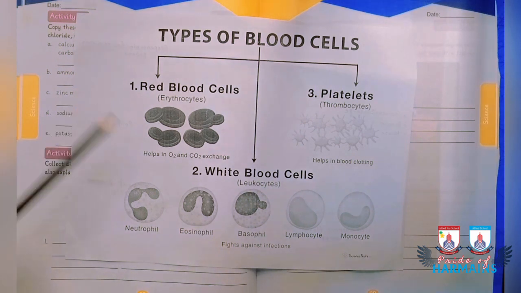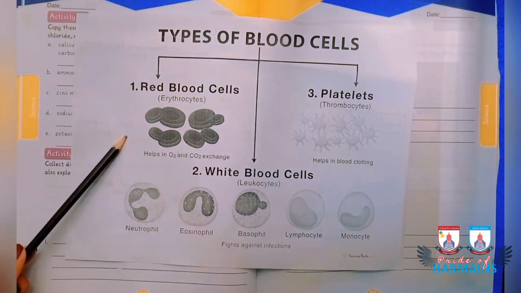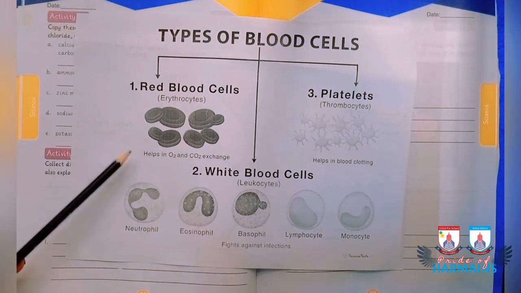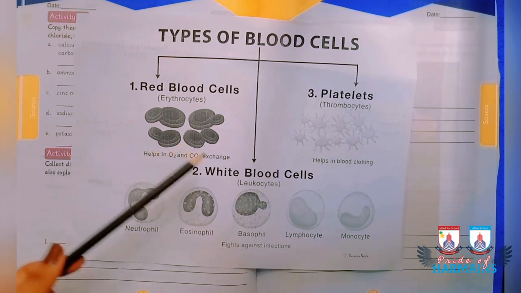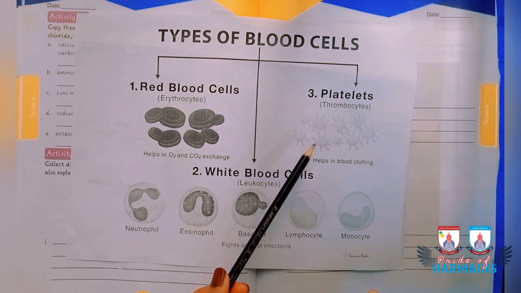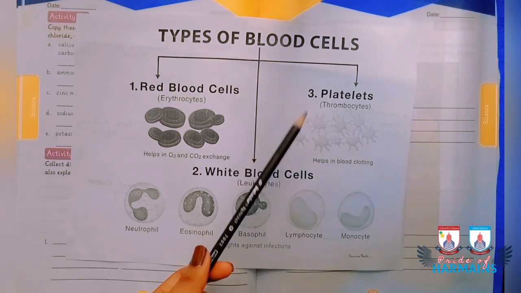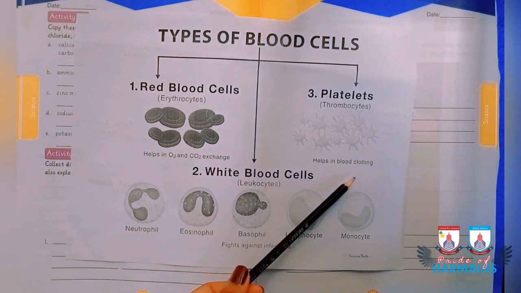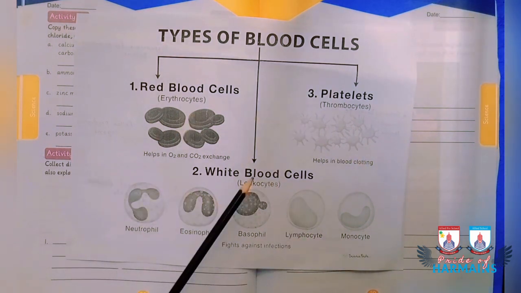So first of all, red blood cells. Red blood cells usually play their role in exchange of oxygen and carbon dioxide. Then the second part is of platelets. Platelets help in blood clotting. Then the white blood cells.